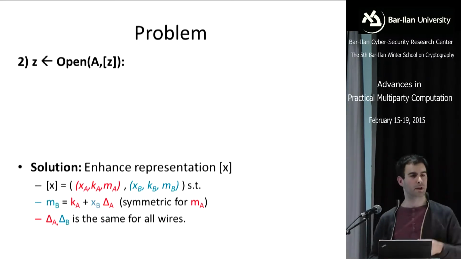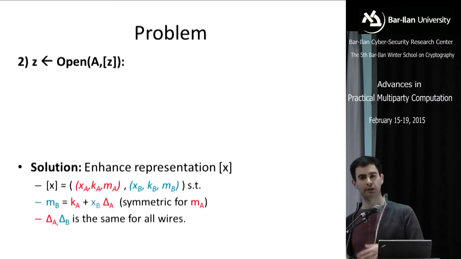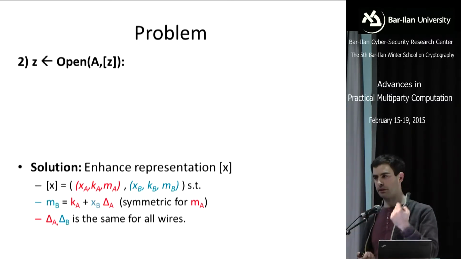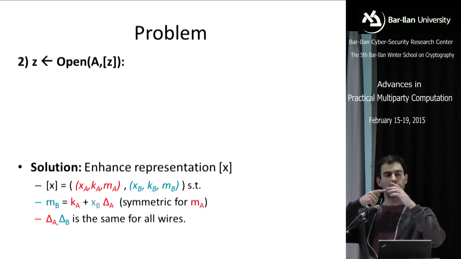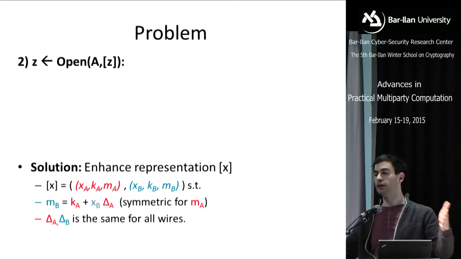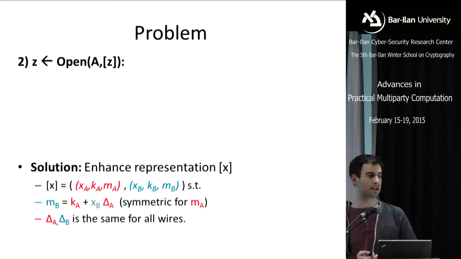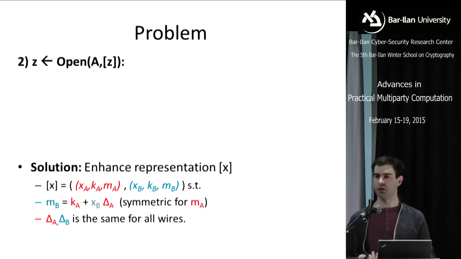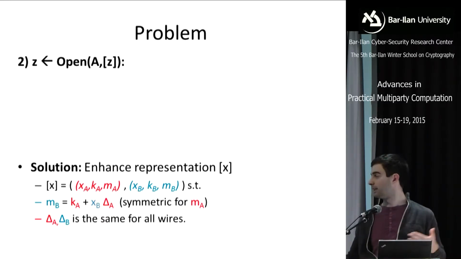Now, if you're paranoid, you might worry: is this MAC still secure? Before I argued that if you have this MAC with one key, it was secure. Now I give you a lot of MACs on a lot of different values under keys that are related. All the keys share the same delta. So is this still secure? How many equations do I give you? I give you as many equations as the number of values you get.